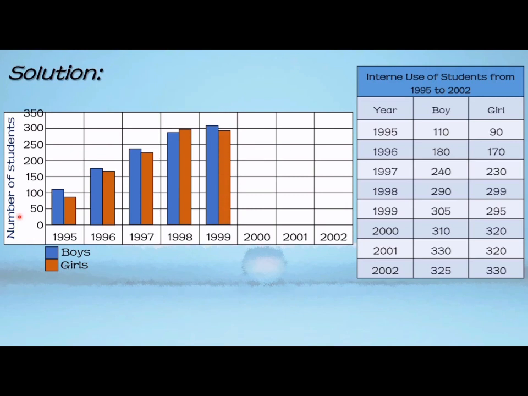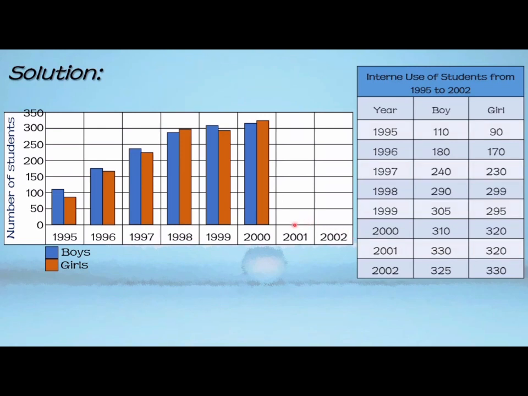Then next is 2000. We have 310 for boys and 320 for girls. So yung 310 ay mas mataas lang ng kaunti sa 300 and yung 320 ay mas mataas ng kaunti sa 310. Next is 2001. We have 330 for boys and 320 for girls.